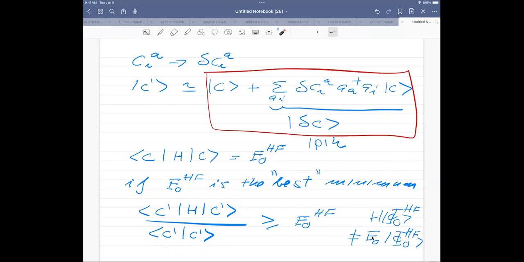Because when I calculate a norm here, that will contain obviously C with itself. It will contain C with this guy here, which will be 0. But there will be a term which goes like delta C squared. And we are going to stop the energy calculation at that level. So we truncate the wave function at first order here, but that means that the energy and expectation values will have to be truncated at delta C squared.